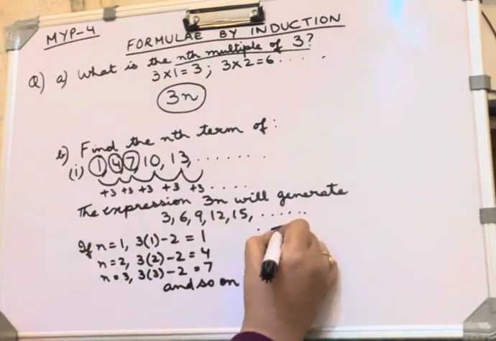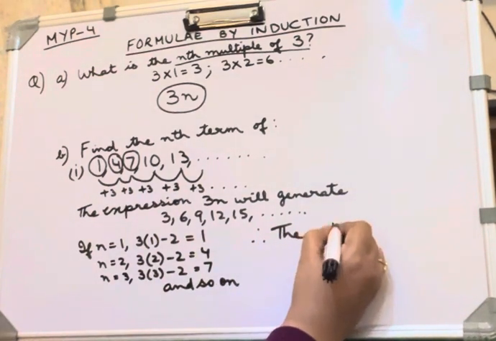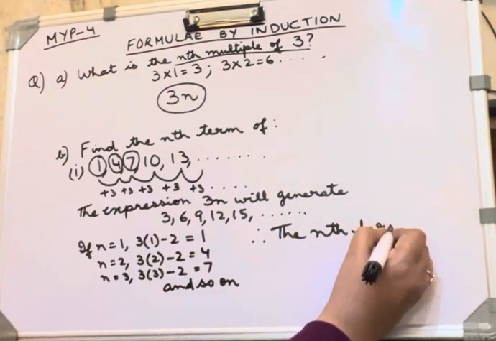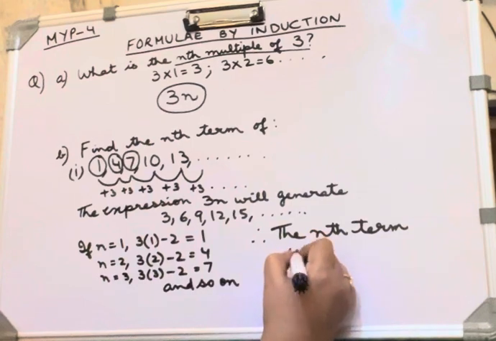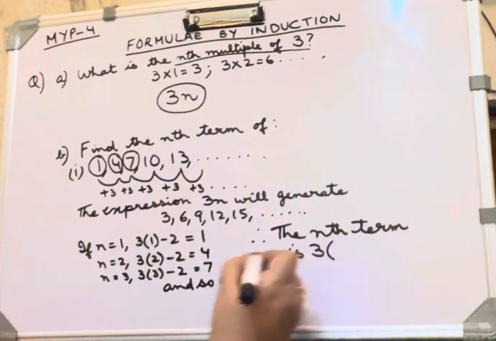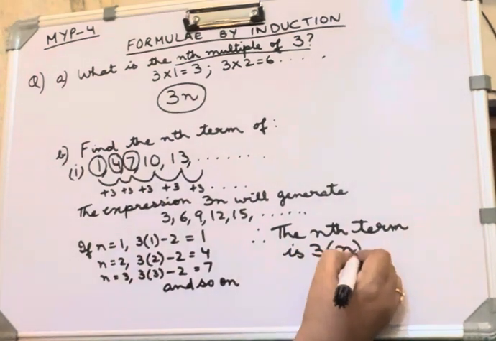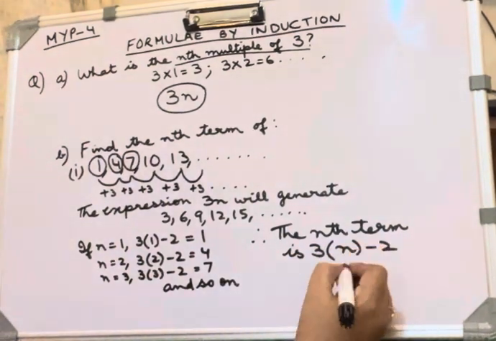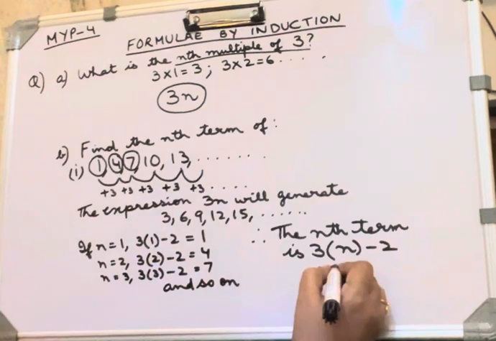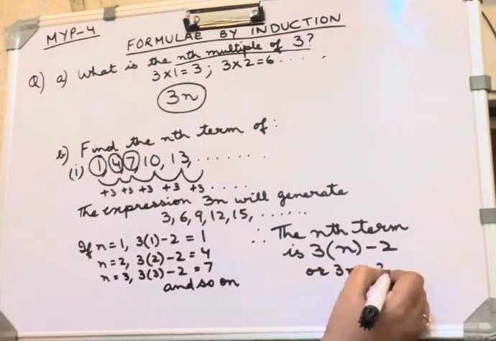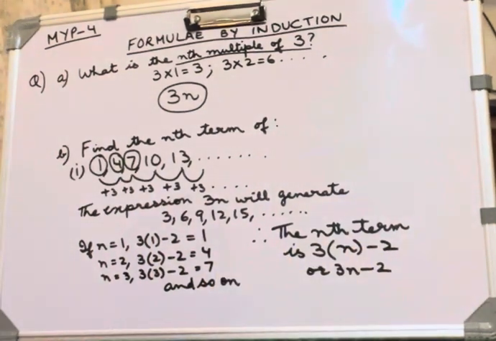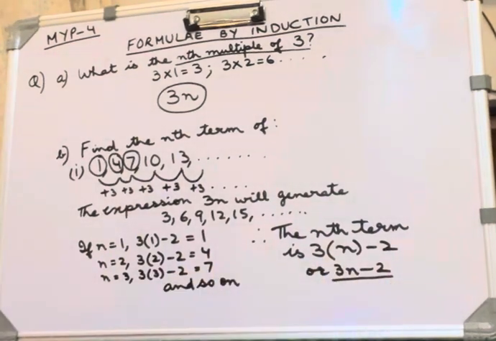Therefore, the nth term is 3n minus 2. So this is the nth term.